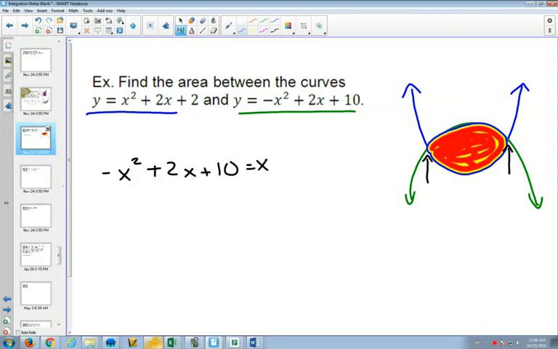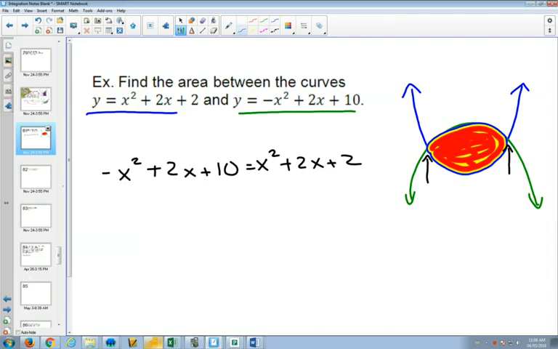I could just equate the two equations and say, if they're the same, the y coordinates would have to be the same. Does that make sense? And if the y coordinates are the same, then the x coordinates are the same. So if we put these equations together, now we just have to solve what would x be.